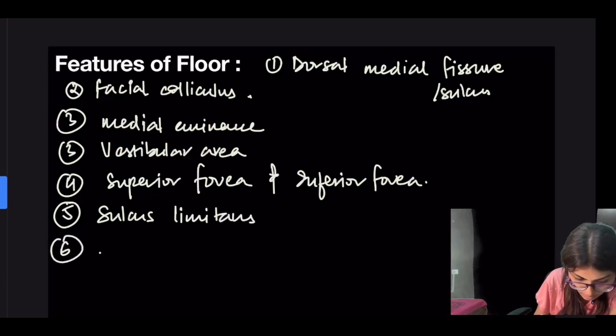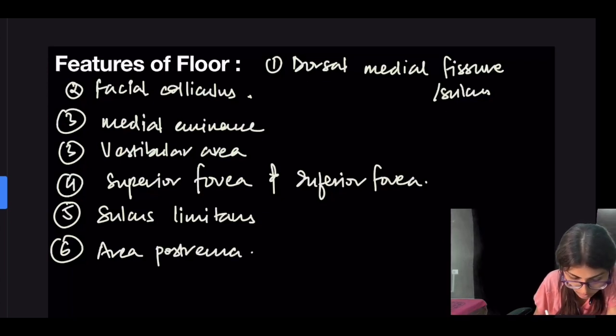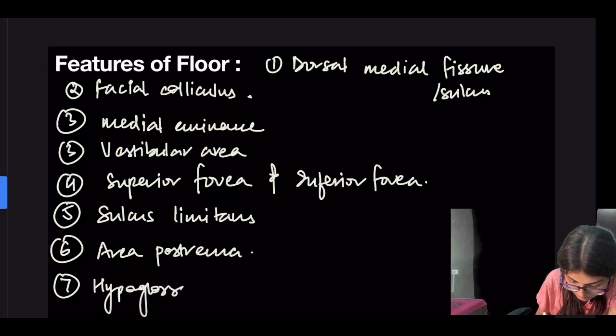Sixth, we have the area postrema. We have two triangles, the hypoglossal triangle and the vagal triangle.